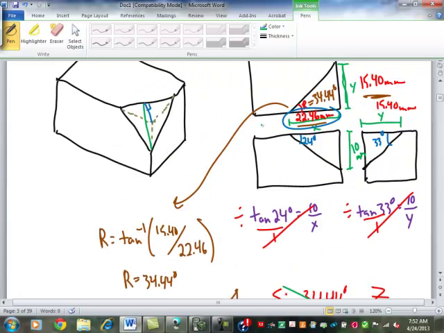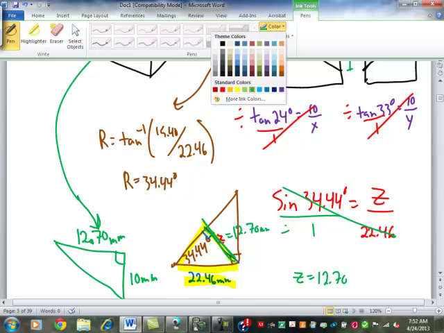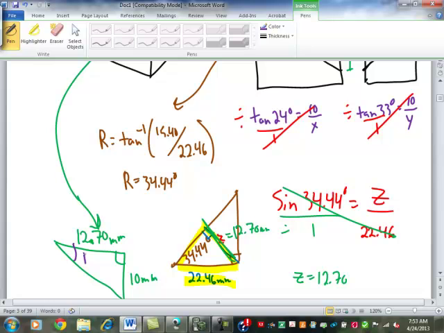Now, we can look at this triangle here. When we pull that out, this top is this diagonal piece here, 12.70 millimeters. This is our depth of 10 millimeters. This is our angle of tilt.